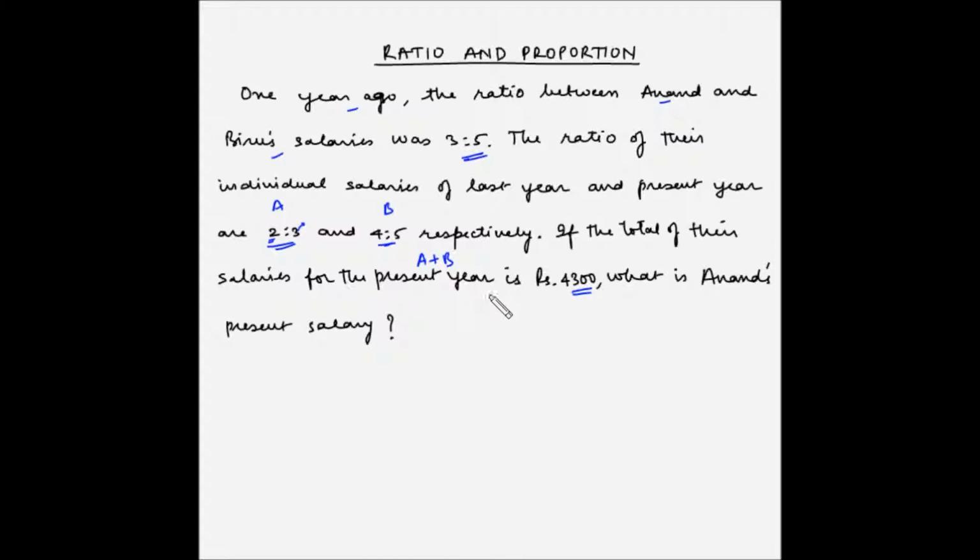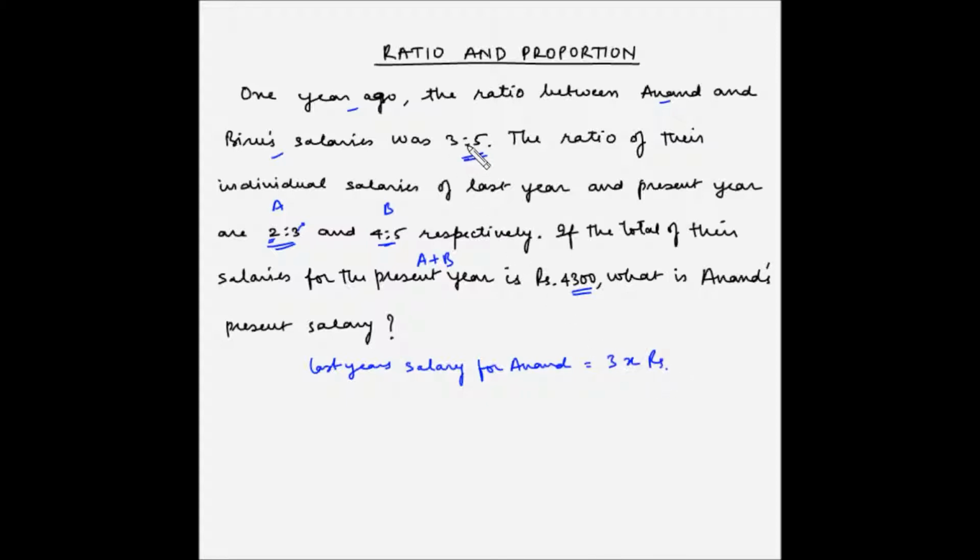So this is a slightly tricky problem. Let's understand this in detail. So 1 year ago, that means last year, the ratio between Anand and Biru's salary was 3:5. So let's say last year's salary for Anand is 3 times x rupees.